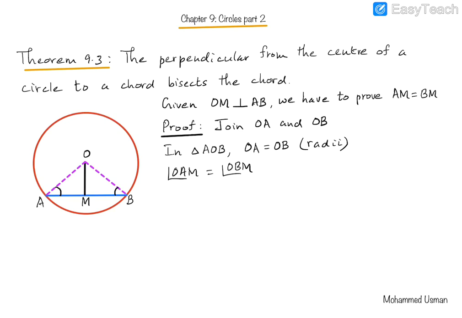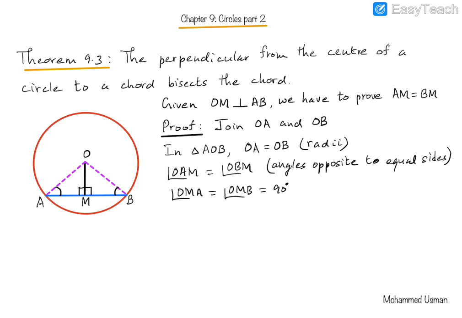This is from the isosceles triangle property. And we also know that since OM is perpendicular to AB, the angle OMA and the angle OMB are both 90 degrees. So we have this as 90 degrees and this as 90 degrees as well, which is what we have stated here. Angle OMA equals angle OMB equals 90 degrees because the line from the center of the circle to the chord is perpendicular to the chord. That is given to us.